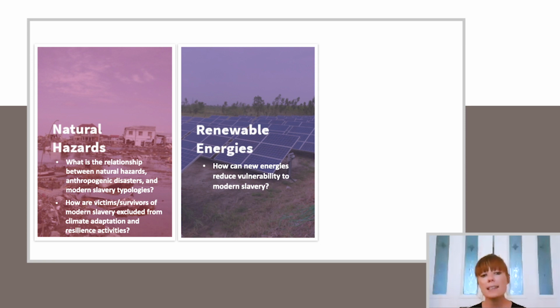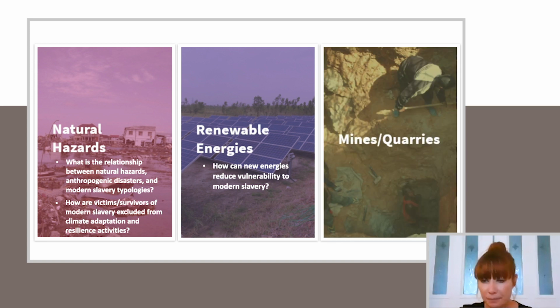We're hoping to test the effects of having access to portable renewable energies that would increase their ability to boil water, to charge communications, to have electricity for children to participate in education activities, in particular in refugee and humanitarian settings. Mines and quarries as well.